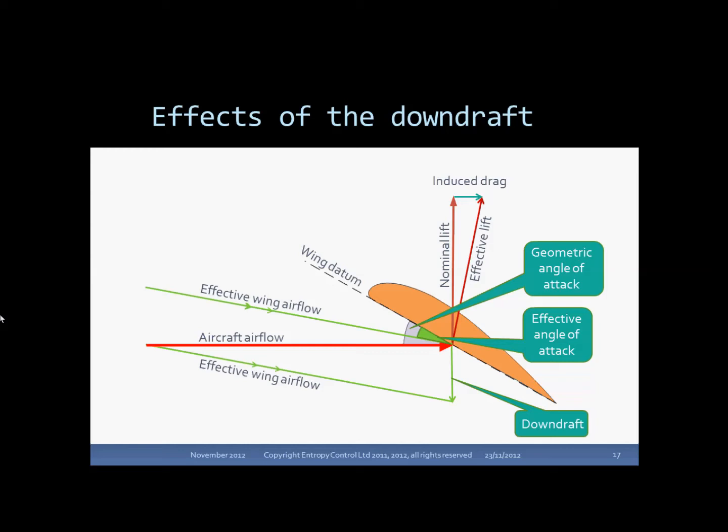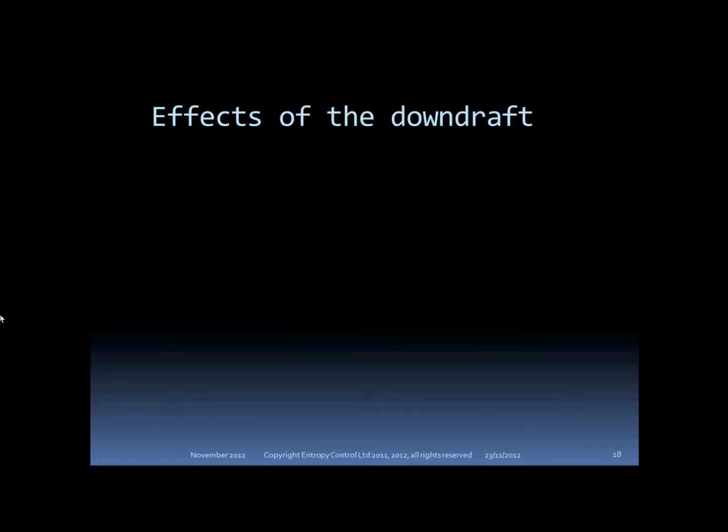The lift vector is rotated by the effects of the downdraft, and that induces that little blue drag vector at the top. The wing itself is pulling the aircraft back. That extra drag is called the induced drag, and it's the way the energy lost in the downdraft is manifested to the aircraft. That's the way the aircraft feels the energy that's imparted to the downdraft.